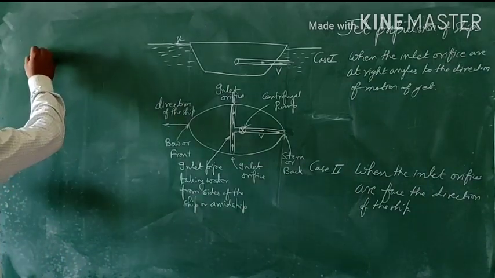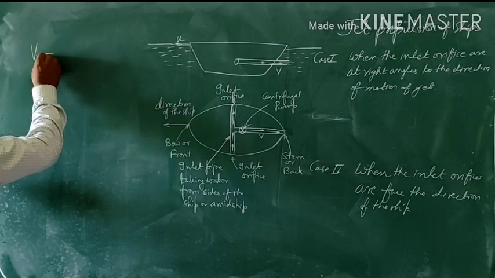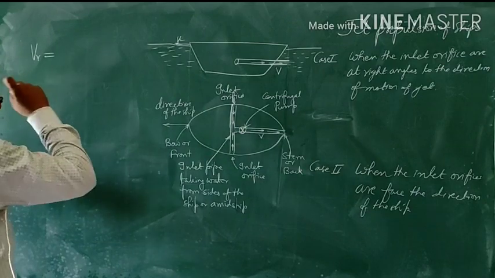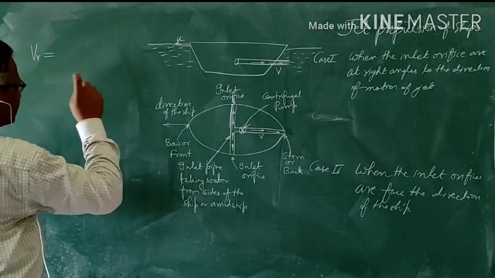That will be given as Vr, the velocity of the jet with respect to the ship.